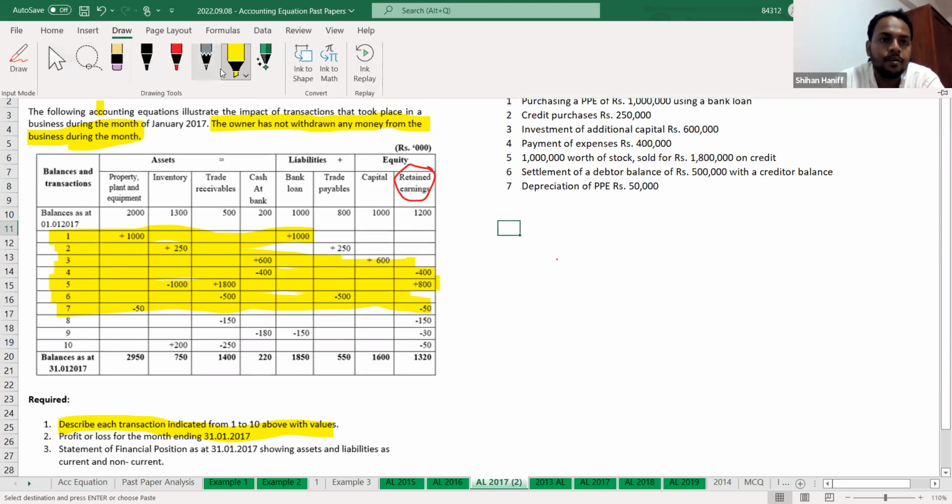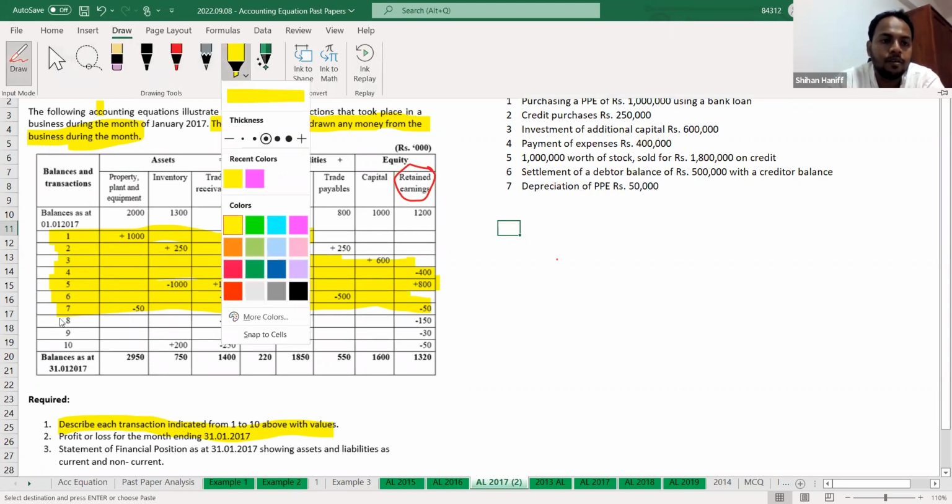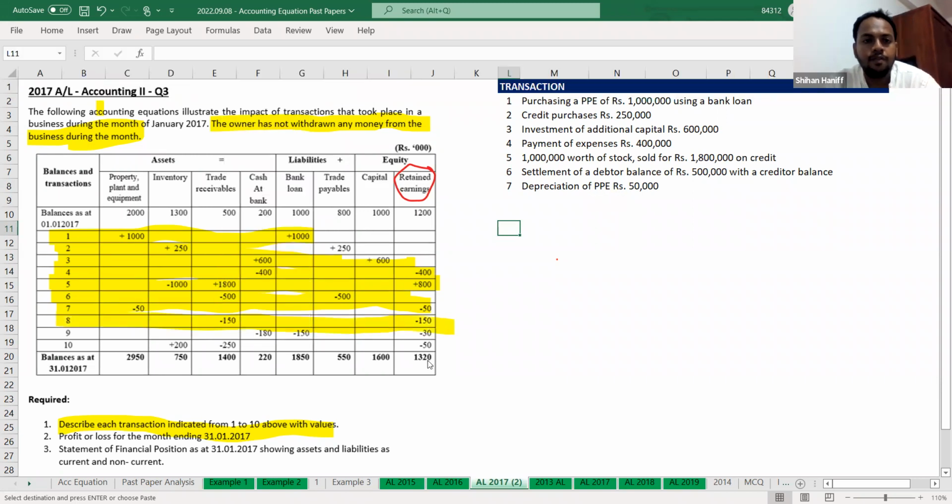8. 150 receivable and 150 retained earnings.